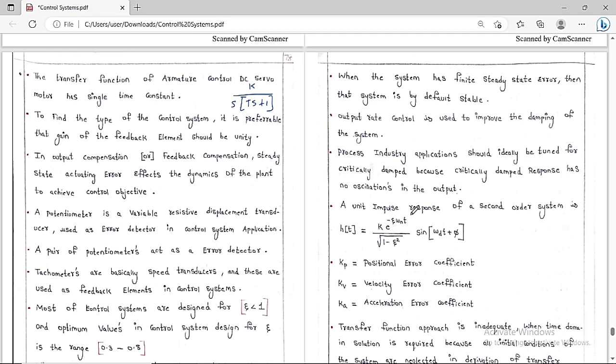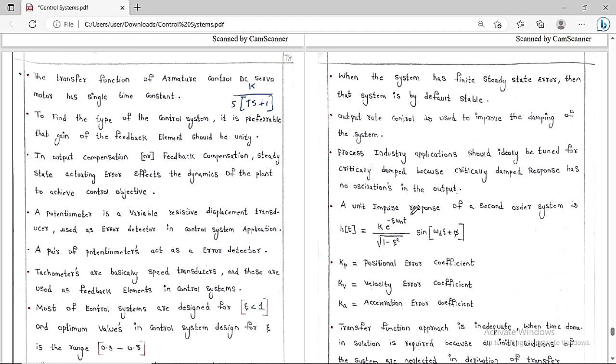So whenever any system is having a finite steady state error or zero steady state error, we can say it is a stable system.